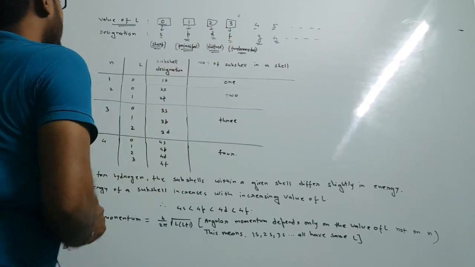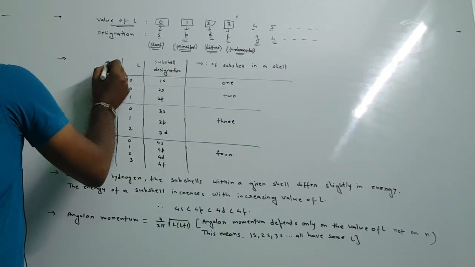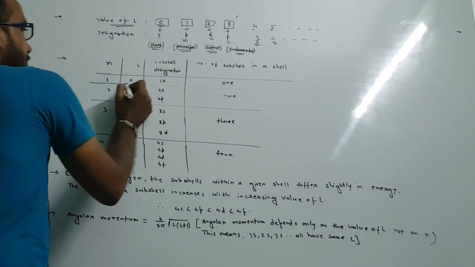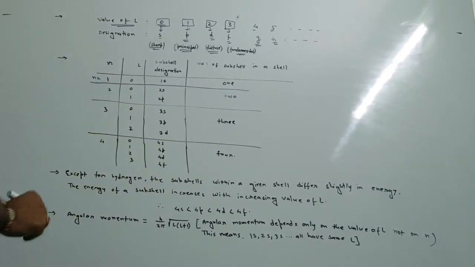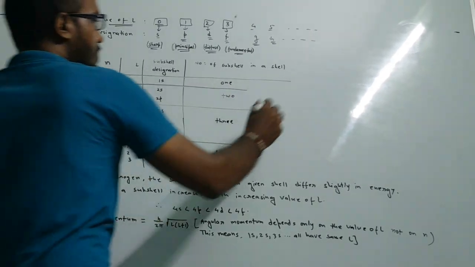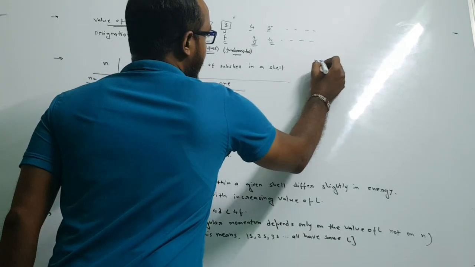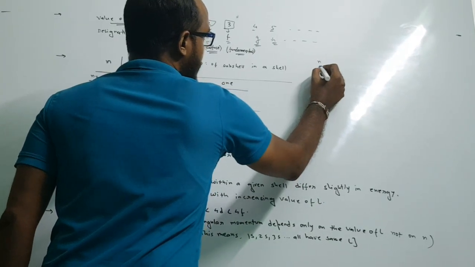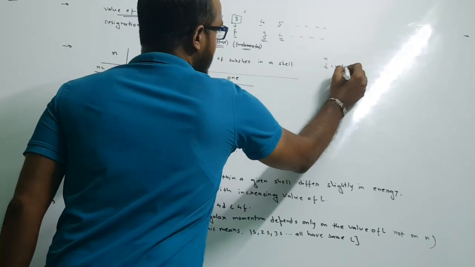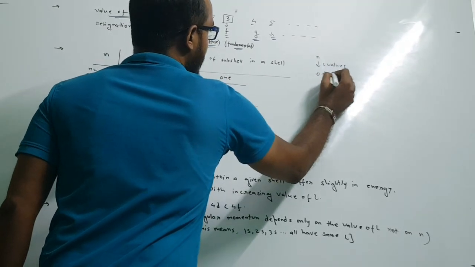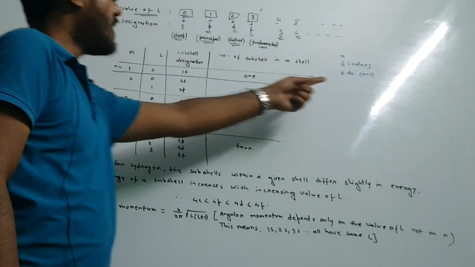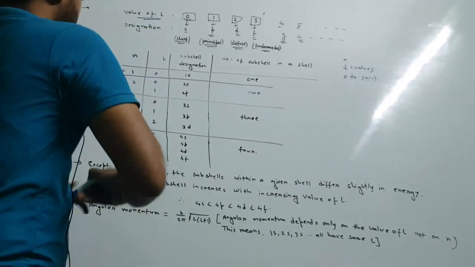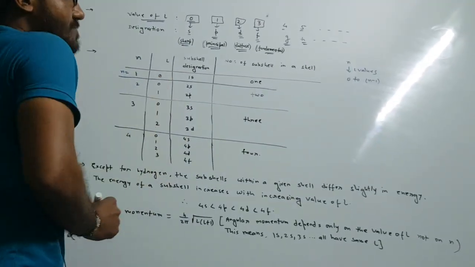Let us say we have the first shell, n equals 1. We already know that if we have n values, then L values would be from 0 to n minus 1. So if n equals 1, that means 0 to 0, so L value would be 0.